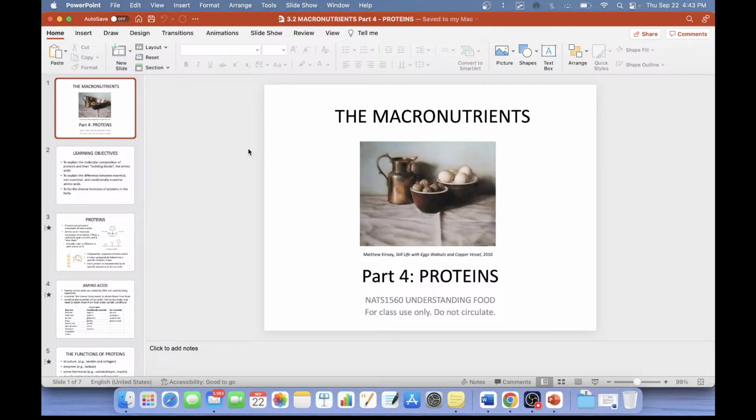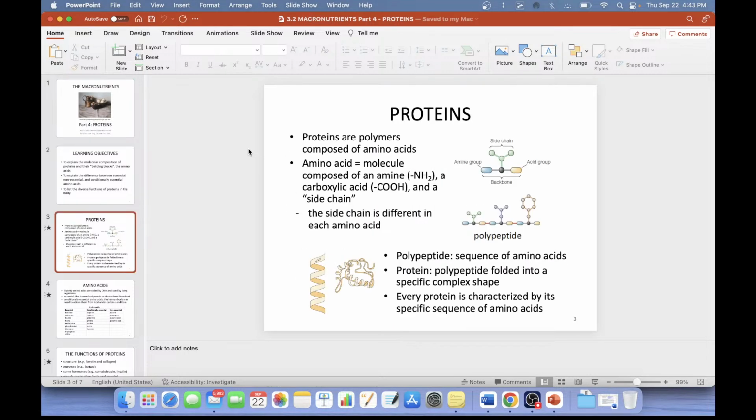We want to explain the difference between essential, non-essential, and conditionally essential amino acids. We want to list the diverse functions proteins involve. So proteins are polymers composed of amino acids, the molecular building blocks of the three kinds of macronutrients. Now we know them all.